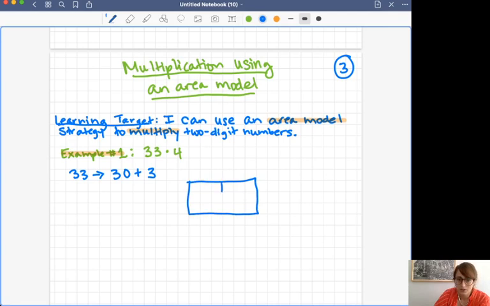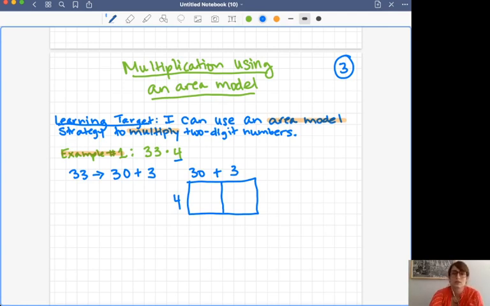I'm going to draw a line down the middle, and see where I just wrote 30 plus 3? I'm going to write 30 plus 3 on the top right here. And the other number for my problem is 4, so I'm going to write 4 right here. Okay, so I take my 2-digit number, I chop it up into 2 smaller numbers, and then I just put the number 4 on the side.